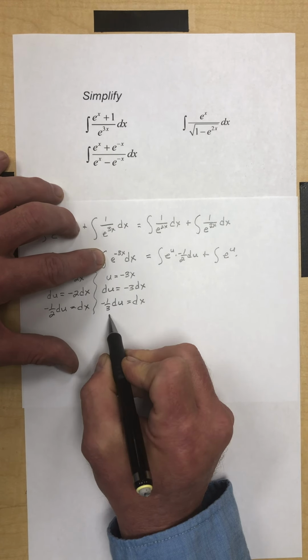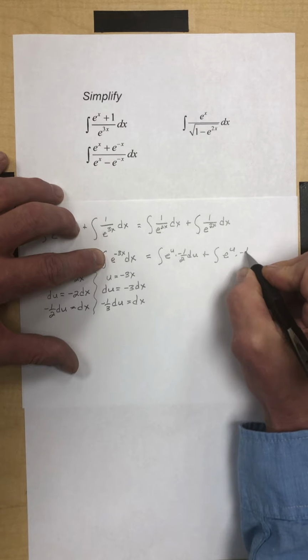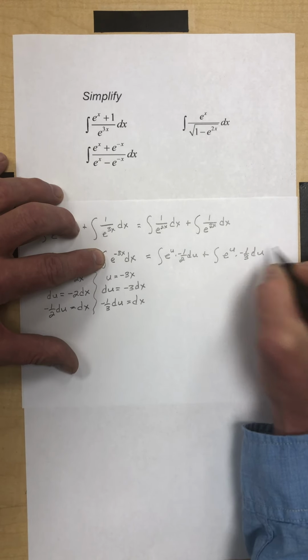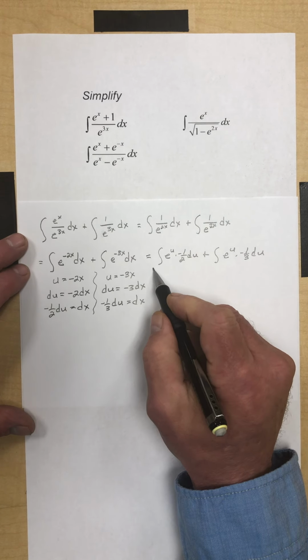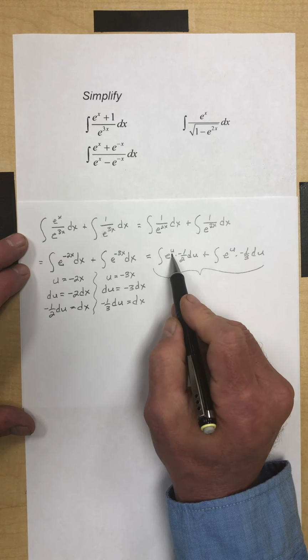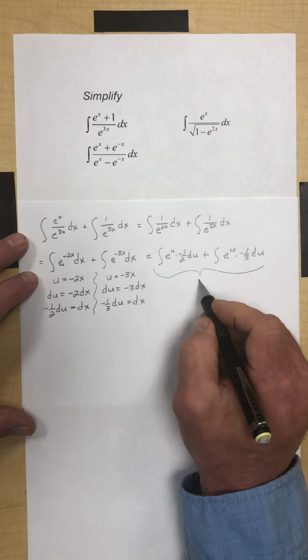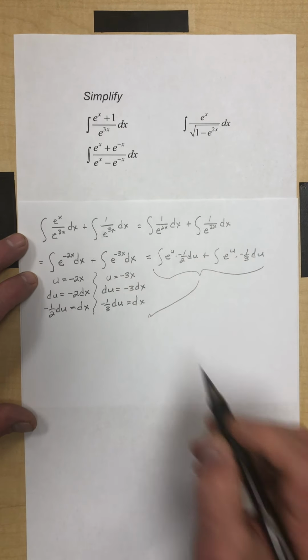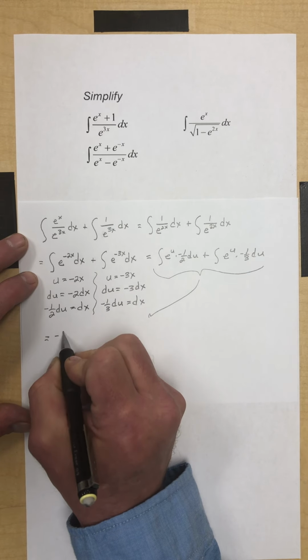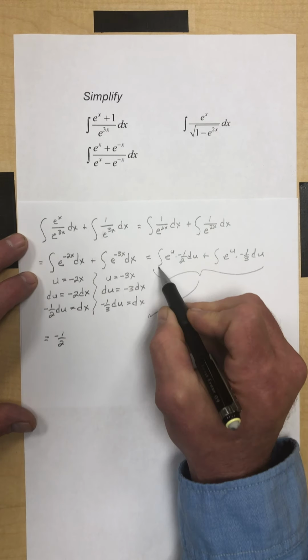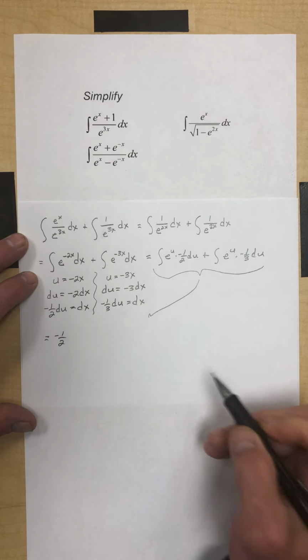That would be negative 1/3 du. Okay, so let's see. If I take this guy, and remember this u here is different than that u here, and then we bring that down here. I take that negative 1/2 and put it out front as a constant multiplier. And then when we integrate e to the u du, we just get e to the u.